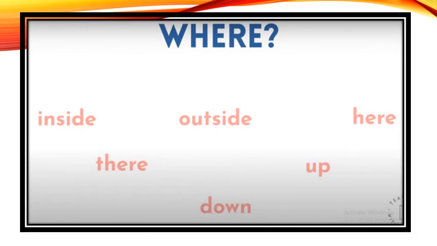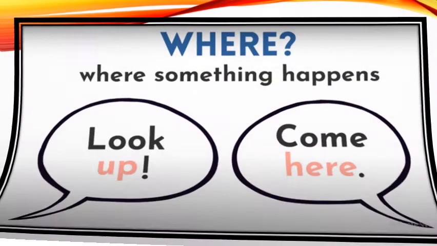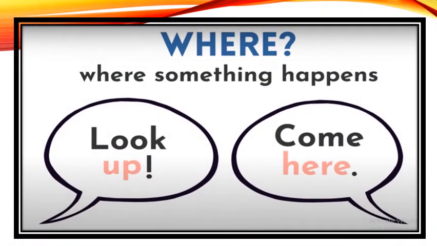Adverbs can also tell us where. Inside, outside, here, there, up or down. Where something happens, look up. Where you have to look, up. Come here. Where you have to come, here.